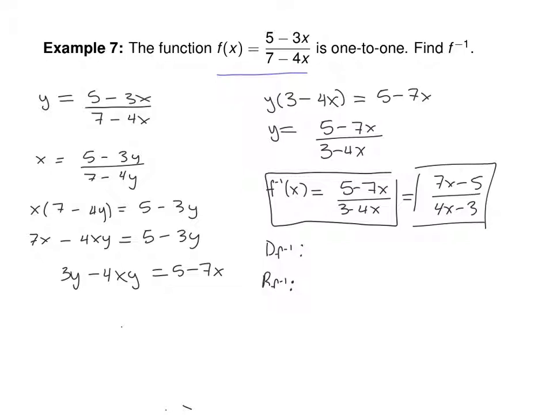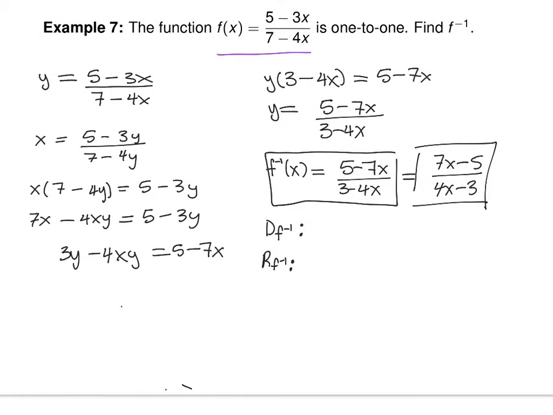So for the domain of F inverse, what's going to make that 3 minus 4x equal 0? Is it 4/3? 3 equals 4x? 3/4. Yep. So x can't equal 3/4.